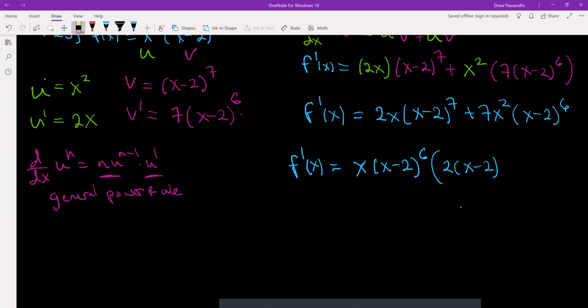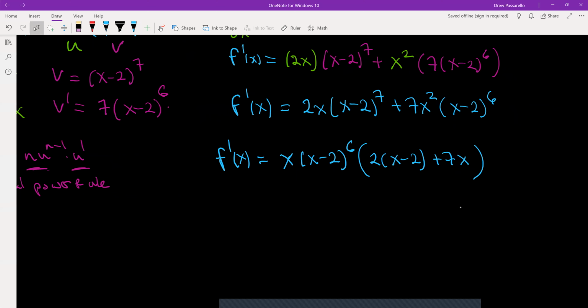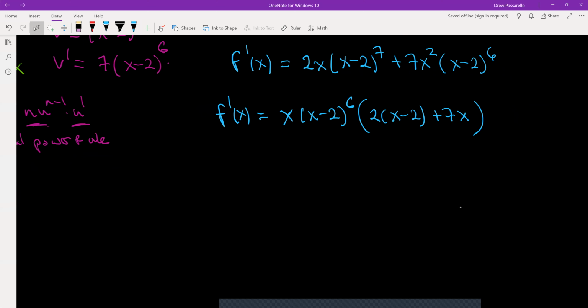The second term, I factored out the x minus 2 to the 6th power, so that's gone. That's basically 1 times, and then I factor out x, so it'd be 1 times 7x, so it'd be plus 7x. All right, that's what it is factored. And then I would simplify what's in parentheses.